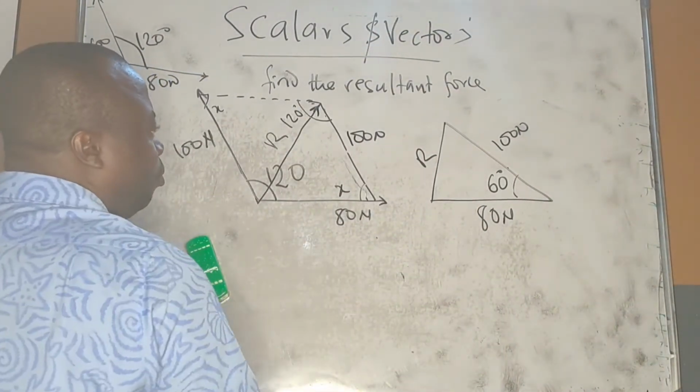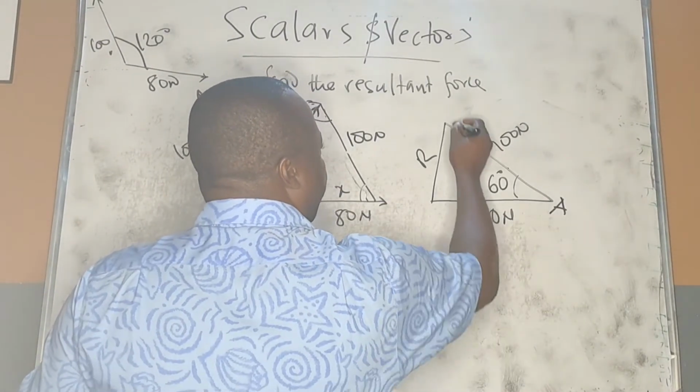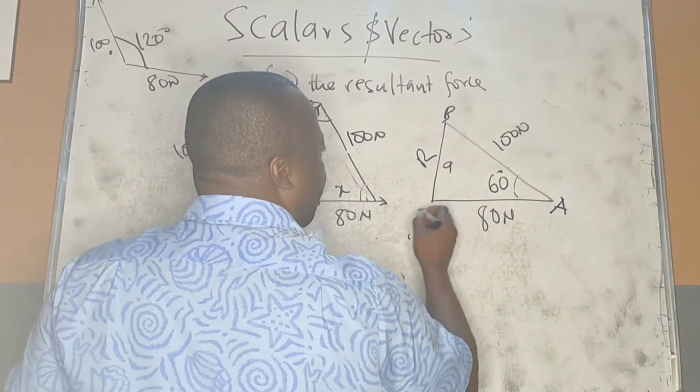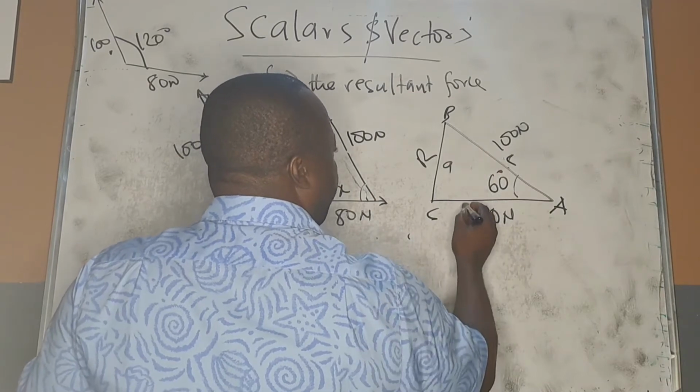Now, let's label this triangle A, B, C. Conventionally, here it becomes small a, this point becomes small c, and this point becomes small b.